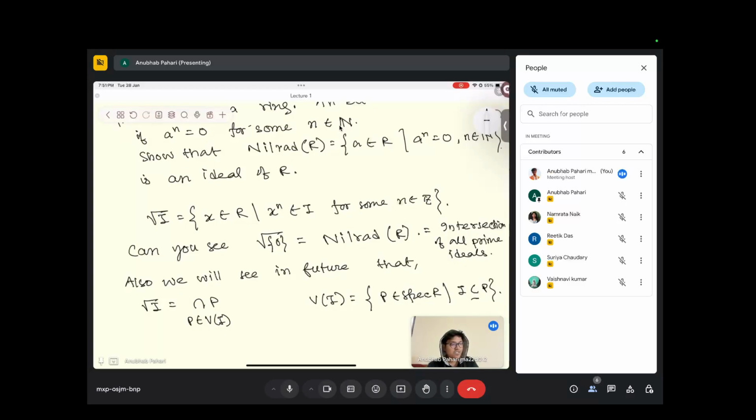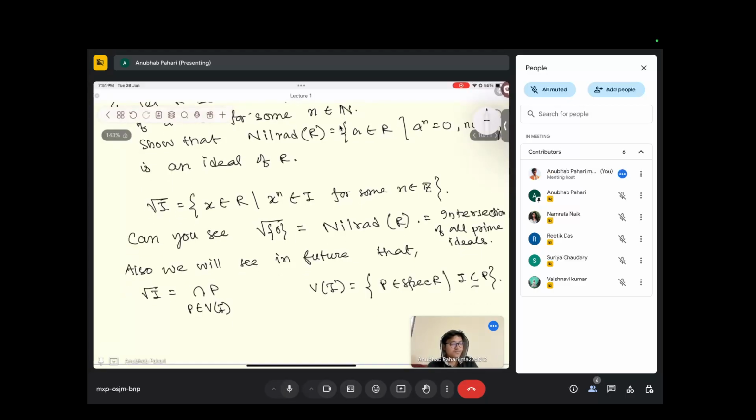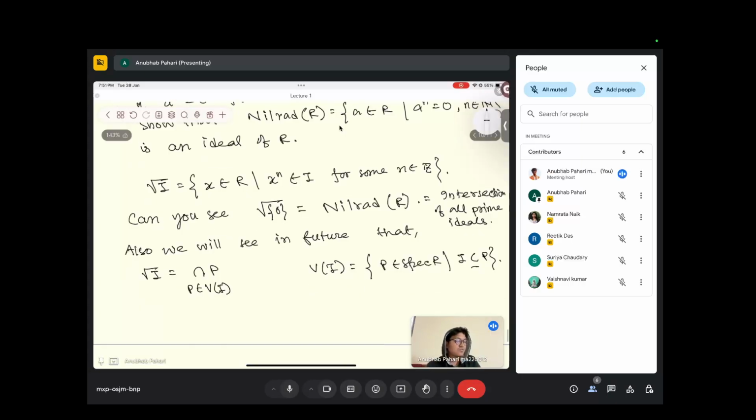So it is actually the largest ideal that is contained in every prime ideal.